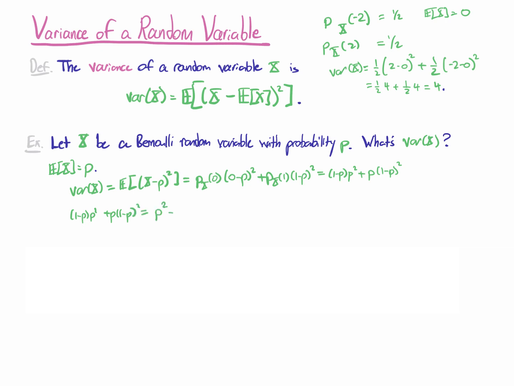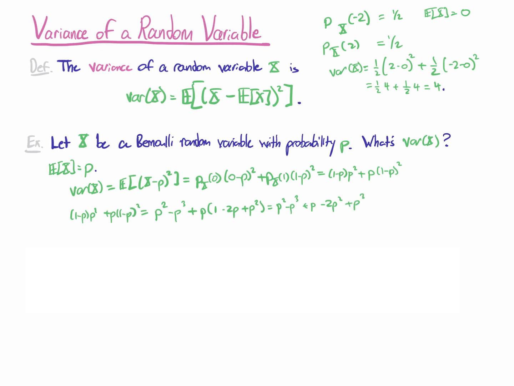I'm going to have p squared minus p cubed plus p, and then I'm going to FOIL out the (1 minus p) squared. So I'm going to get 1 minus 2p plus p squared, which is equal to p squared minus p cubed plus p minus 2p squared plus p cubed.